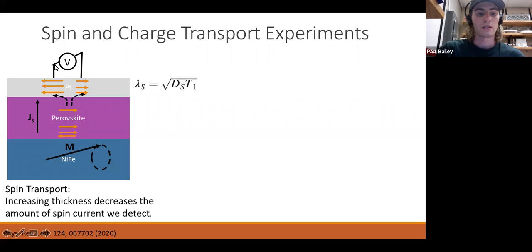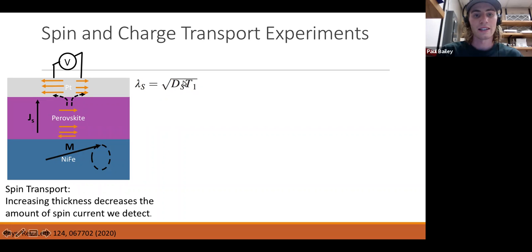What we do is we can vary the thickness of the perovskite layer. If it's thicker, fewer of the spins will actually reach the platinum layer, and we'll get a smaller signal. We can then fit that signal to extract something called the spin coherence length, which tells you what distance spins on average can travel in your material before they're no longer coherent.